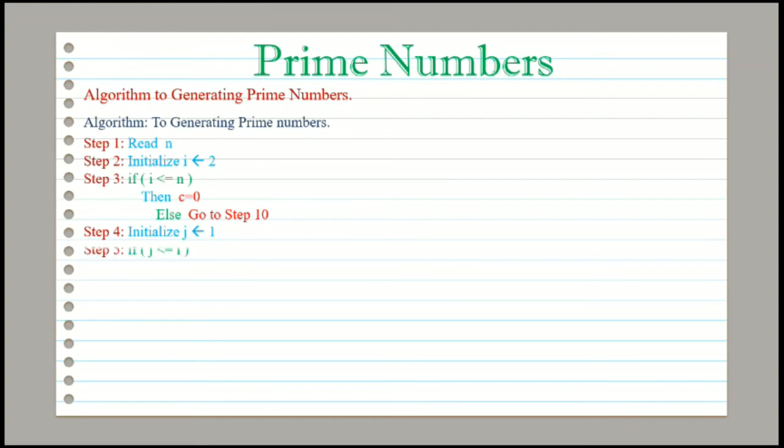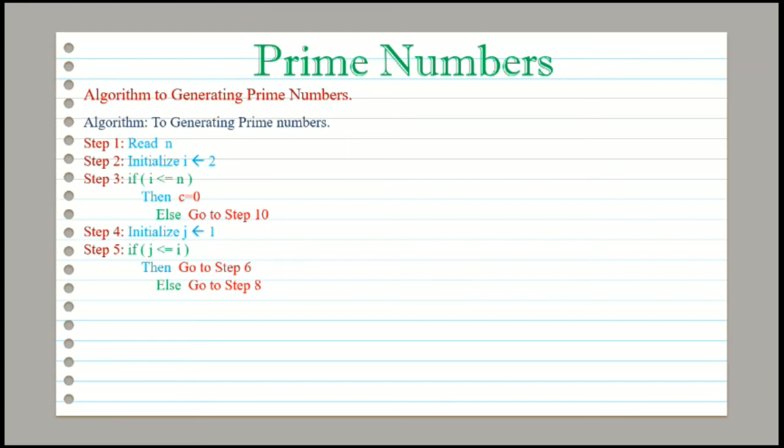In step 5, we will check whether j is less than or equal to I, and if this is true, then we will go to step 6, and if j is less than or equal to I is false, then we will go to step 8.